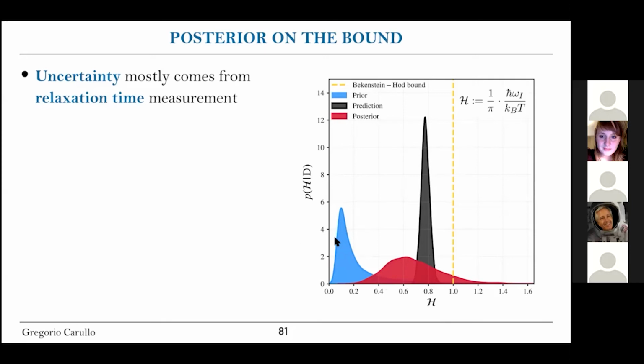Gregorio: What is the I in the omega I? I missed that. Yes, I means inverse. So omega I is the inverse of the relaxation time. You mean this is the smallest quasi-normal mode, the first quasi-normal mode? Essentially, yes. You don't identify it specifically with the quasi-normal mode.